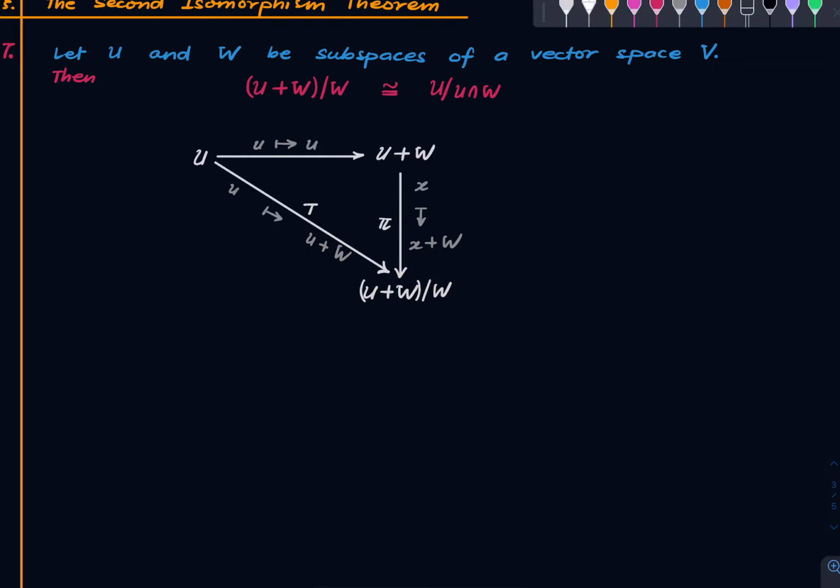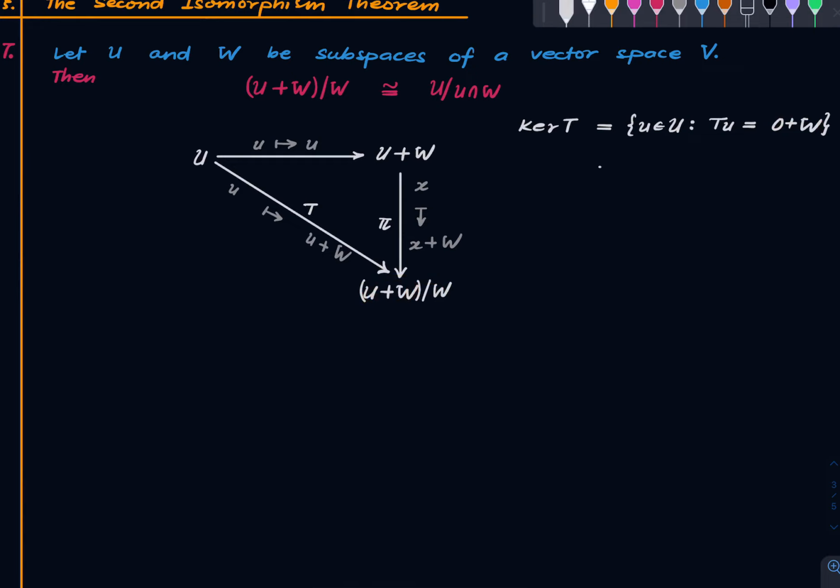Now let's figure out the kernel of T. What is the kernel of T? The kernel of T is those things in U for which Tu is the additive identity of this quotient, which I will write like this, where this 0 is the additive identity of this quotient.